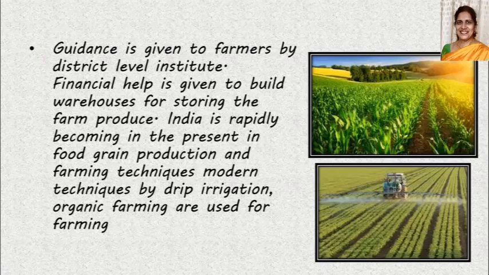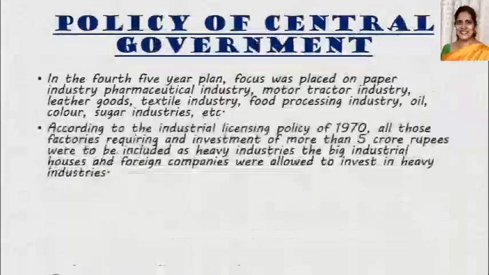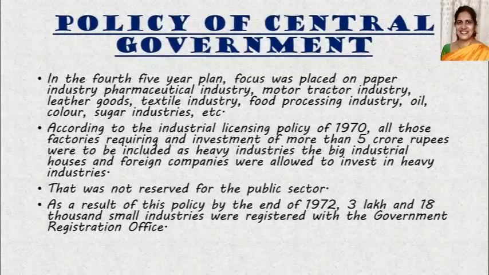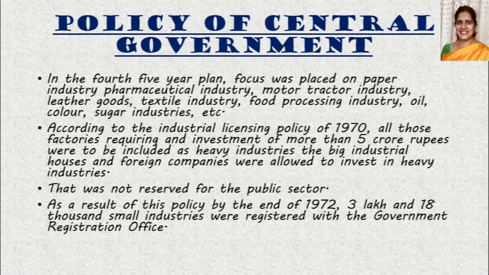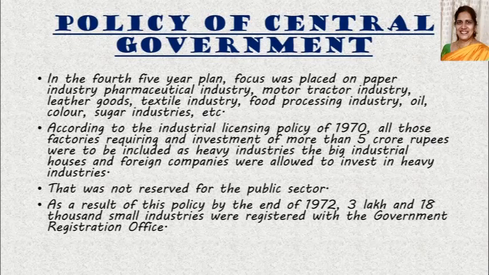We have the policy of our central government coming by. In the fourth 5-year plan, focus was placed on the paper industry, pharmaceutical industry, motor tractor industry, leather goods, textile industry, food processing industry, oil, color, sugar industries, etc. According to the industrial licensing policy, which was established in 1970, all those factories requiring investments of more than 5 crore rupees were to be included as heavy industries.